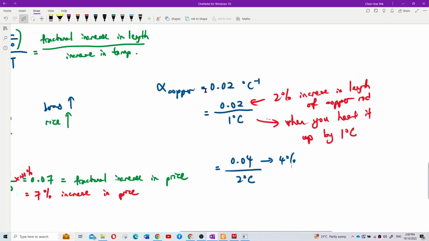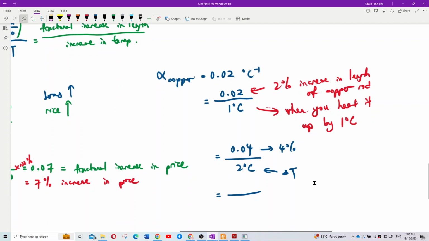That is what I mean by 0.02. The more you heat up, the more the change of temperature, the more the change of length. Correct or not? You heat up by 3 degrees Celsius, you get a 6% increase in length.